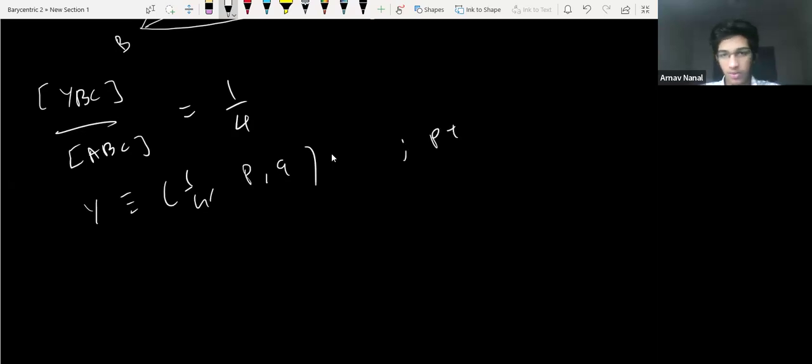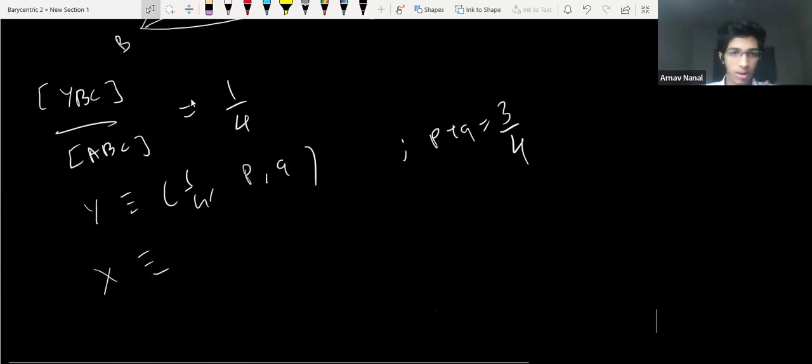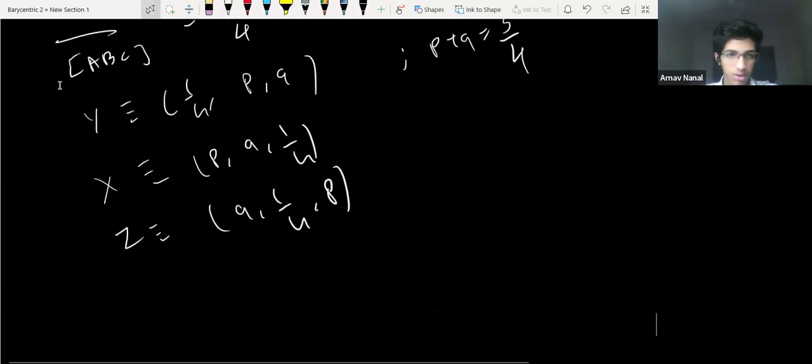So you basically have p plus q equal to 3 by 4. Similarly, I'm assuming symmetry, so these will just be cyclic permutations. So X will be (p, q, 1/4), and Z will be (q, 1/4, p). So these will be the things.